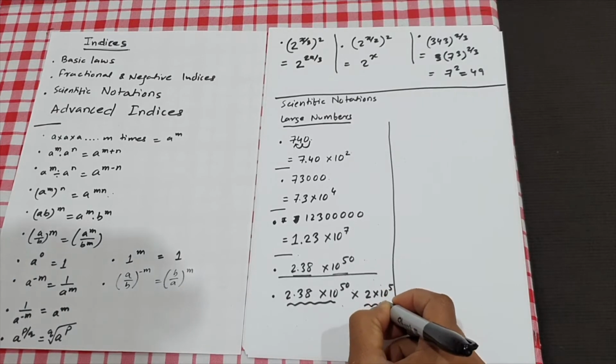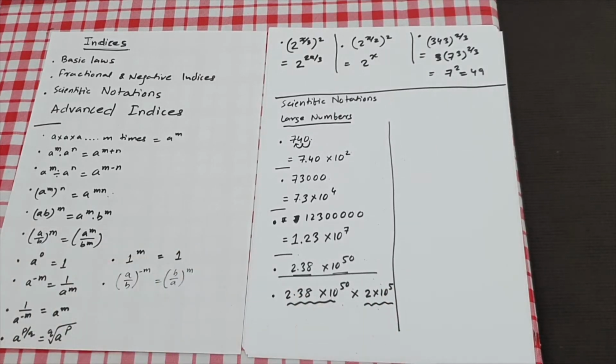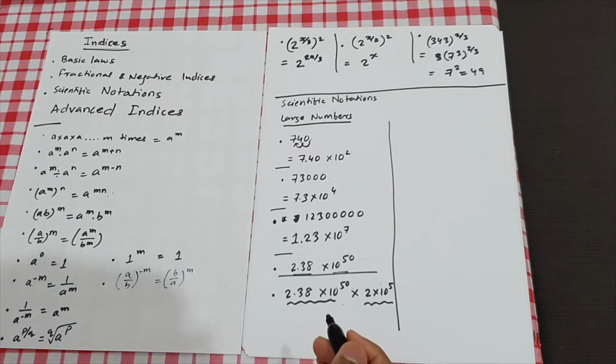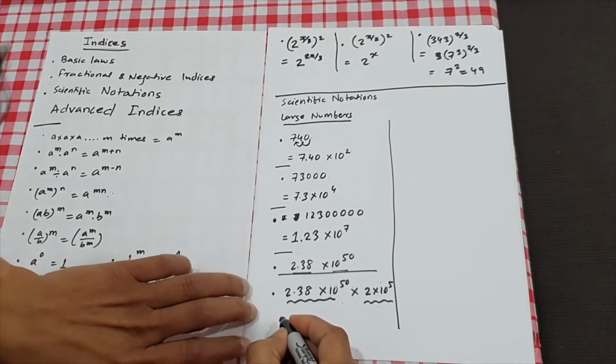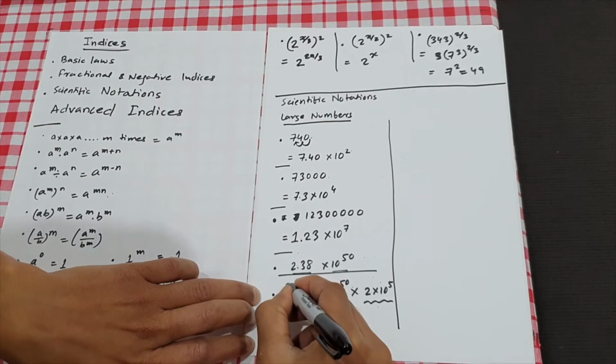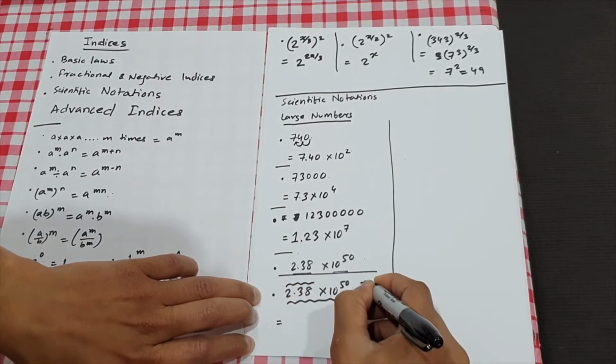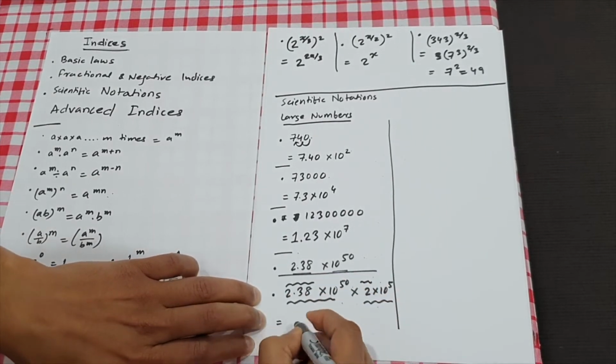If you were to write it in standard notation, it would become very complex. So how does it simplify? In this case, we can just multiply this term with this. Whatever we can multiply, these are similar terms.